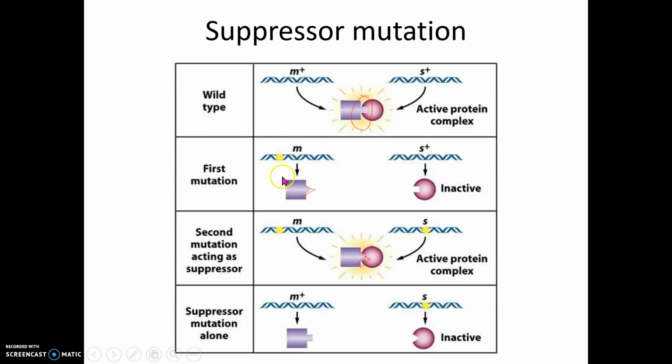So we get a mutation, right? And it changes the shape of one of our proteins. Now this protein can no longer fit in the complex that it formed when it was active. But say you get a mutation in that second one and it changes the shape. Now it fits again. So this is the idea of a suppressor, right? We're talking about somehow changing two things so perfectly that they work again.